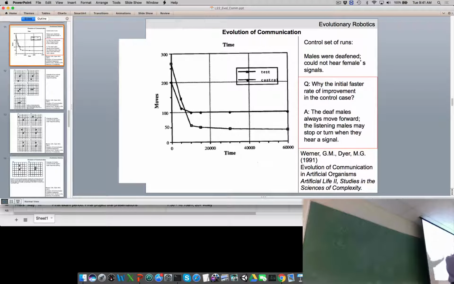In this period here, in this experiment, the females are evolving to emit signals, and if males just happen to do the right thing in a few cases, then communication can get started. But it takes a while for that process to get going. What do you think these males are doing here in the control case? What behavior are they probably exhibiting? Go forward, right? If you can't hear, that's the best thing to do.